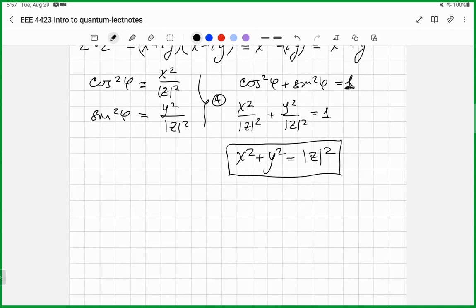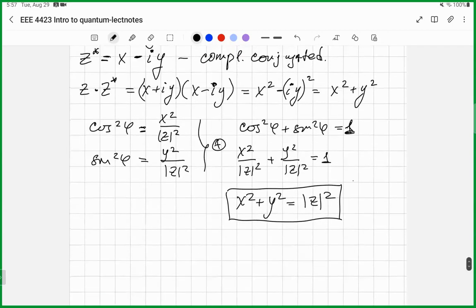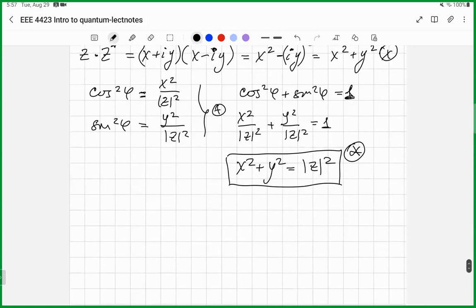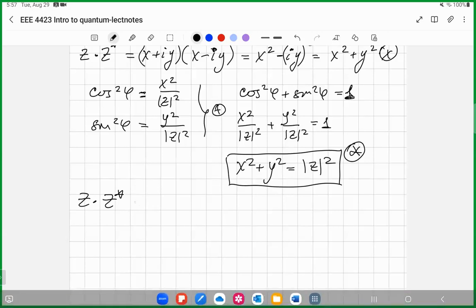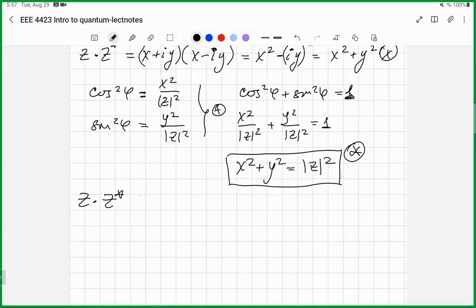And now, if you compare this one and this line and that line, you conclude that z times z conjugated is equal to modulus z squared.